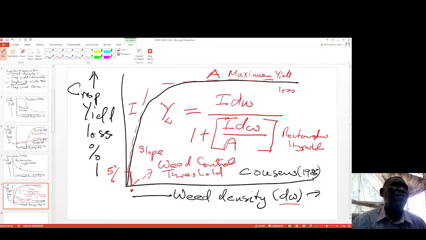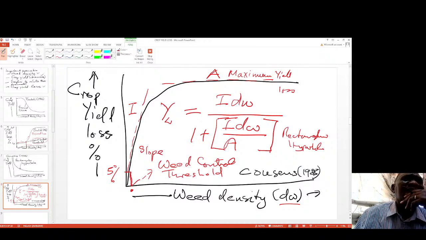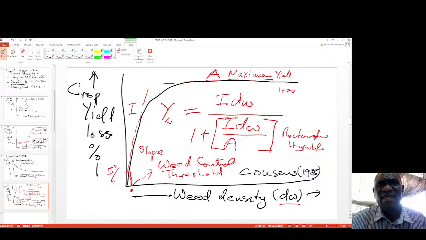Now, let us explore again the Cousins approach, the equation which he used.